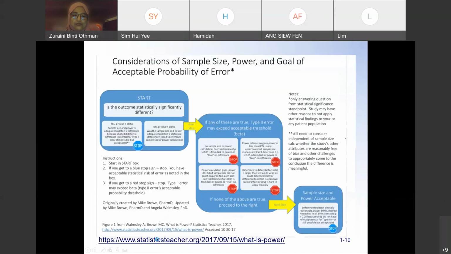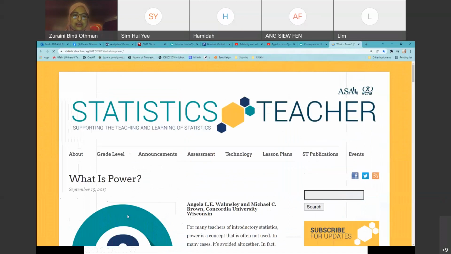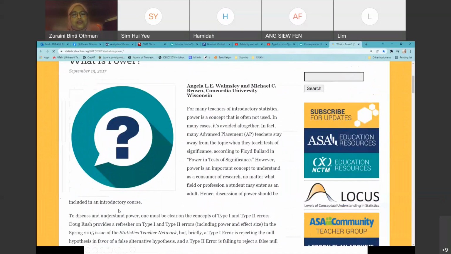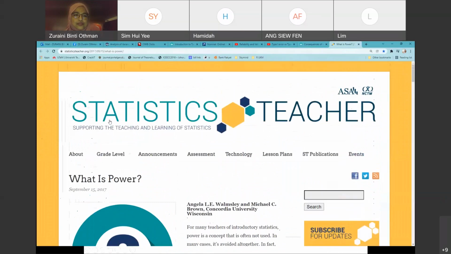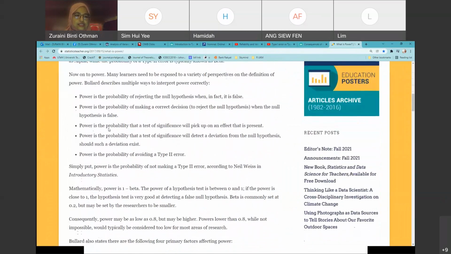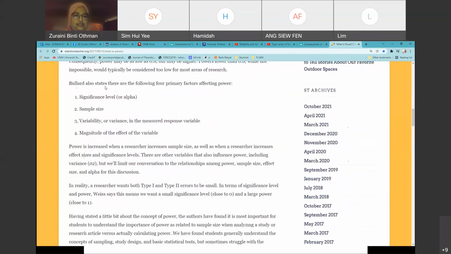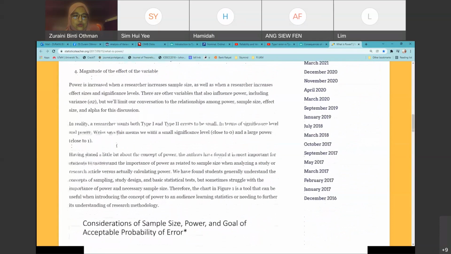Here you can see from the statistics teacher website that I shared just now, they give you the case study, then they guide you on how to determine it. This is the explanation about power, and these are the primary factors affecting power: significance level, sample size, variability, variance, and magnitude.